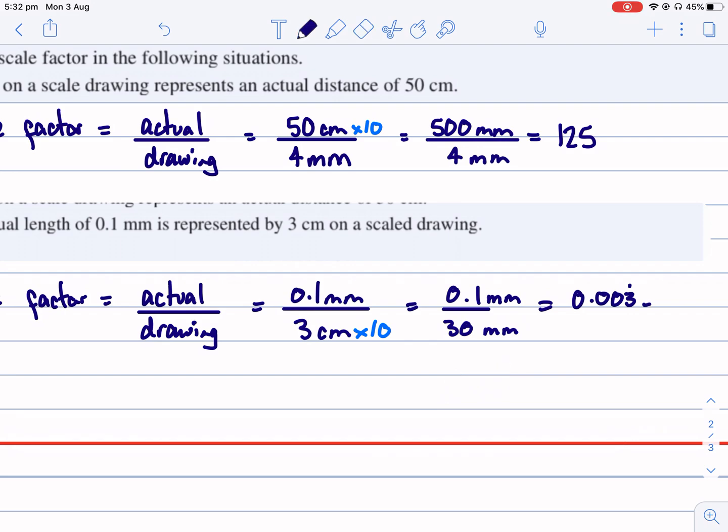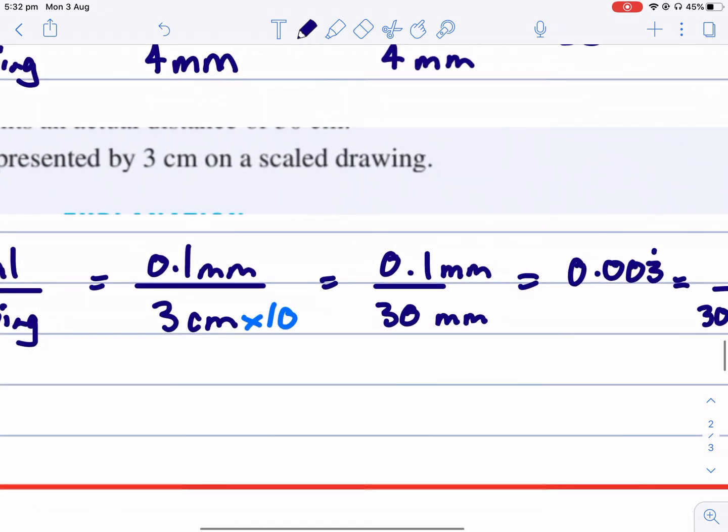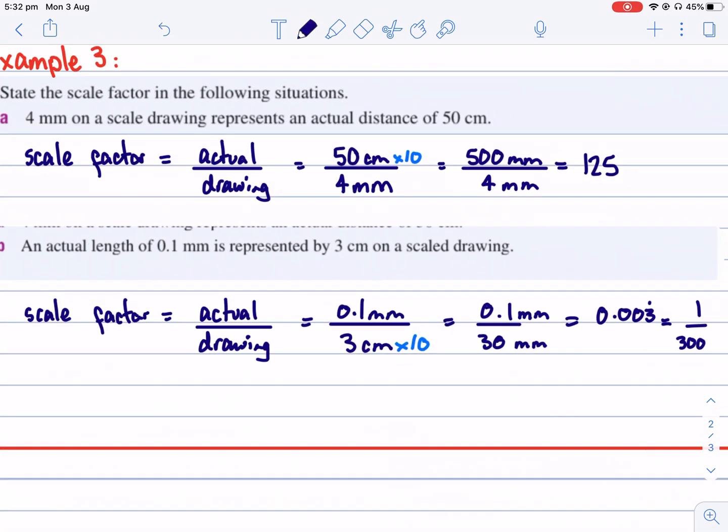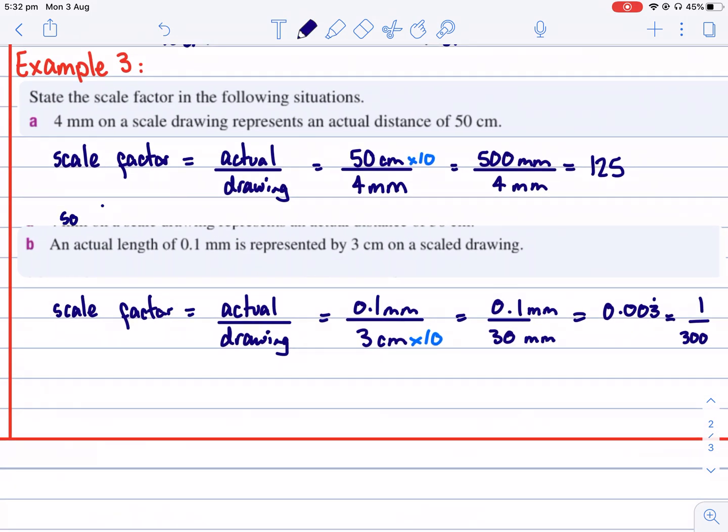Although we would probably leave that as 1 over 300. You would literally just chuck this in your calculator and press S to D to give you 1 over 300. This one, if they wanted the scale factor, so the ratio, well, we'd do 1:125 here.